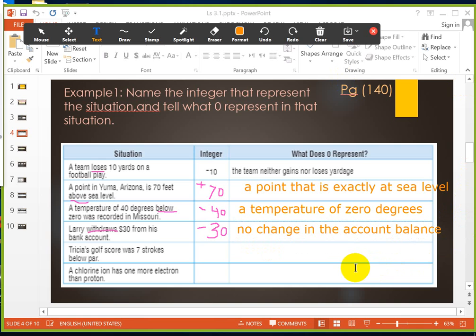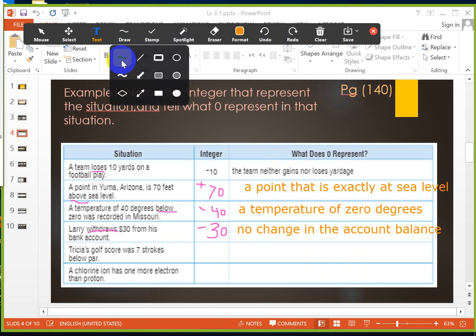Now, what about the next situation? Tricia's golf score was 7 strokes below par. She has 7 below. What does that mean?